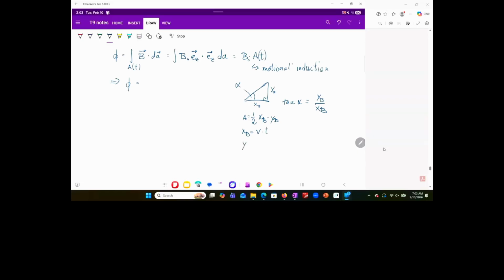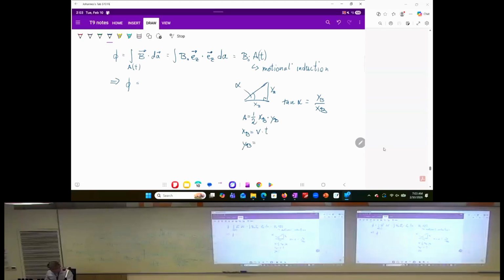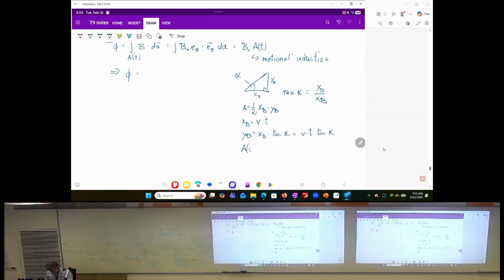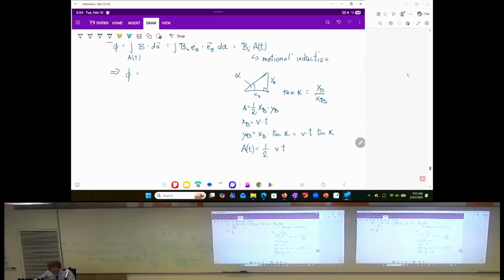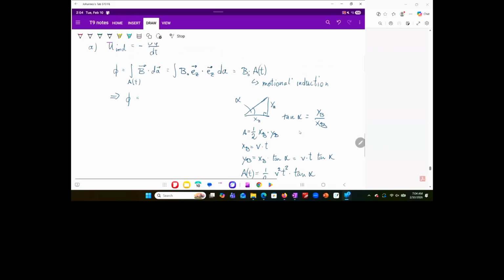And the yb is also changing, because it is given by xb times tangent alpha, that is velocity times time times tangent alpha. So this is what you use to get your time-dependent area: 1/2 times xb, that is v times t, times yb, that's again v times t times tangent of alpha. And now you can insert that.